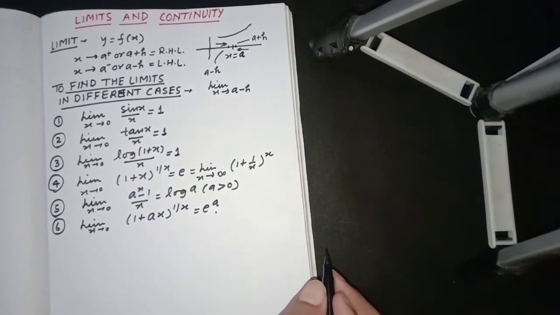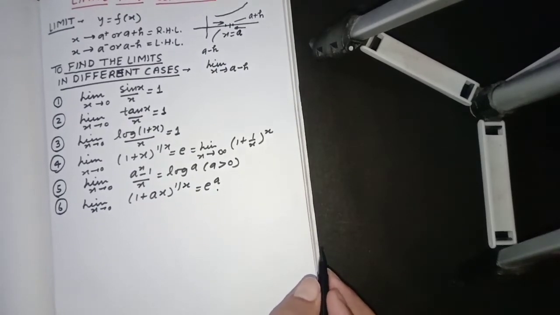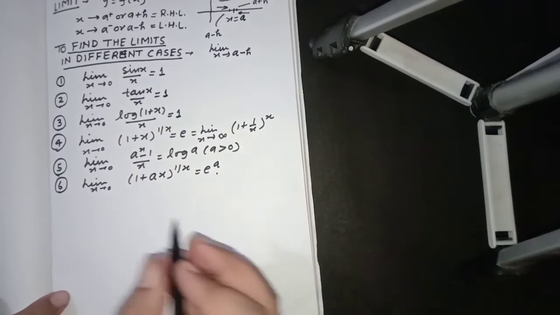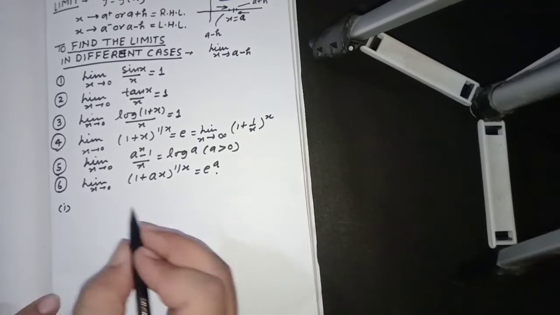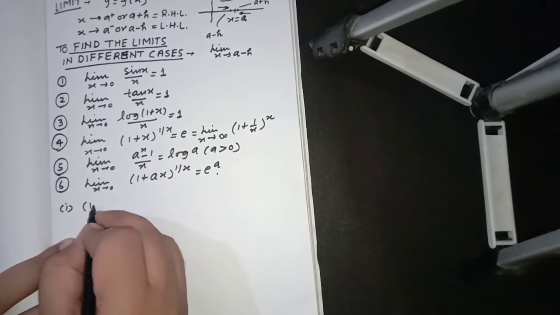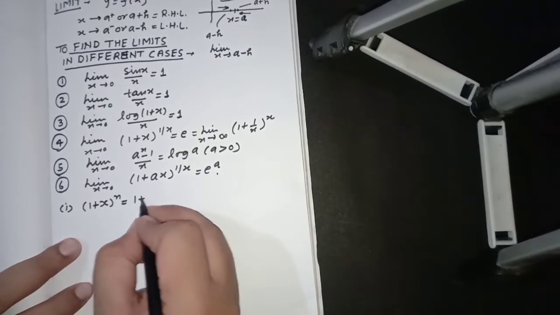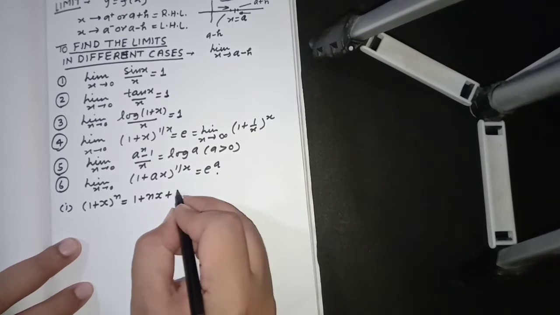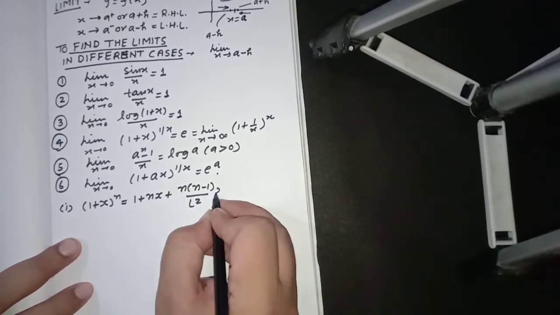Now some expansions are also there which are important whenever we discuss the questions of limits. These expansions are already studied. One of them is binomial expansion, which we have already studied in class 11th. (1 plus x) whole power n will be equal to 1 plus nx plus n(n minus 1) upon factorial 2 into x square.